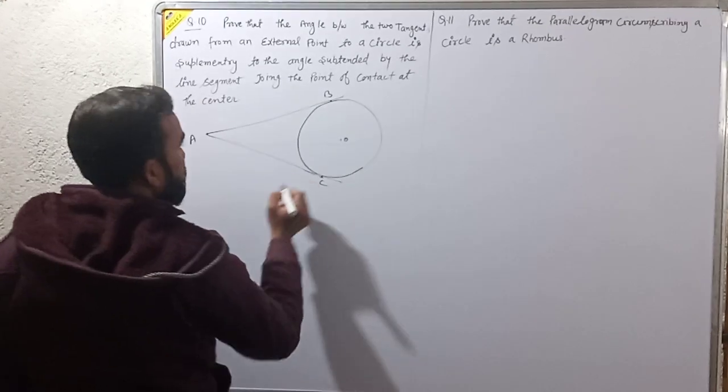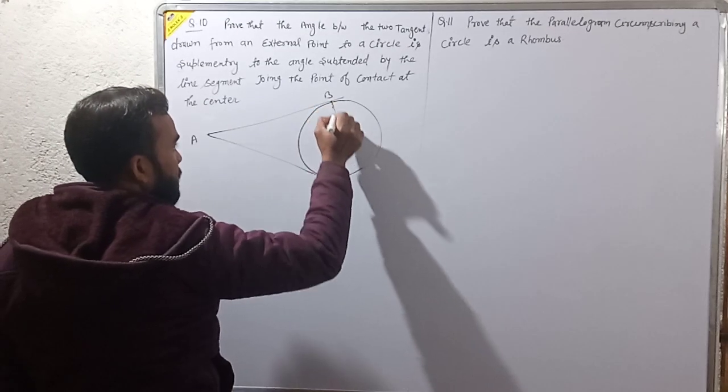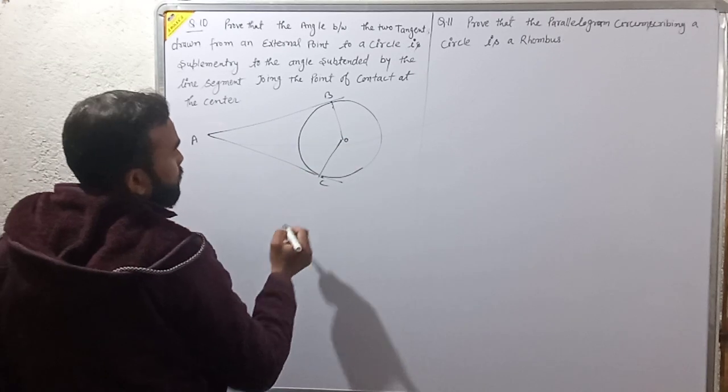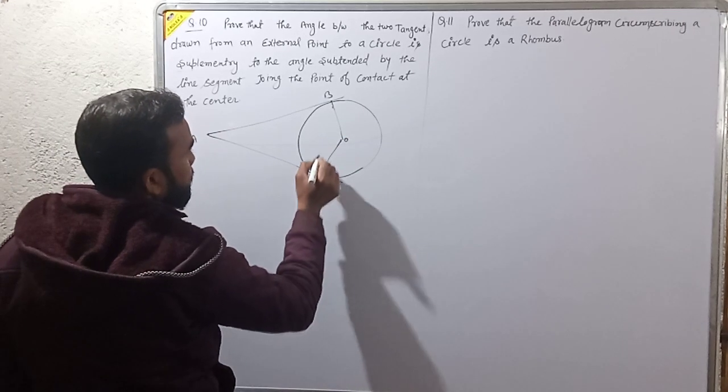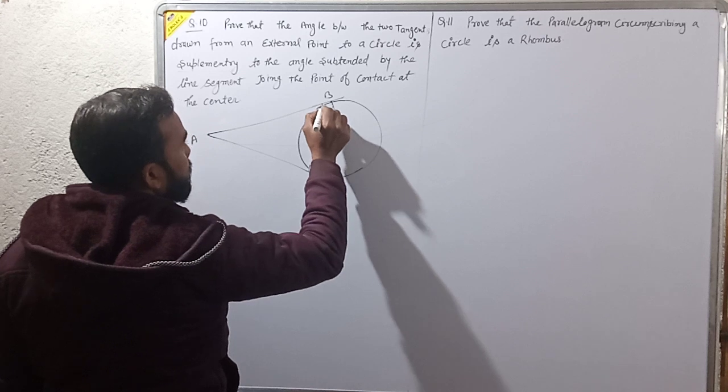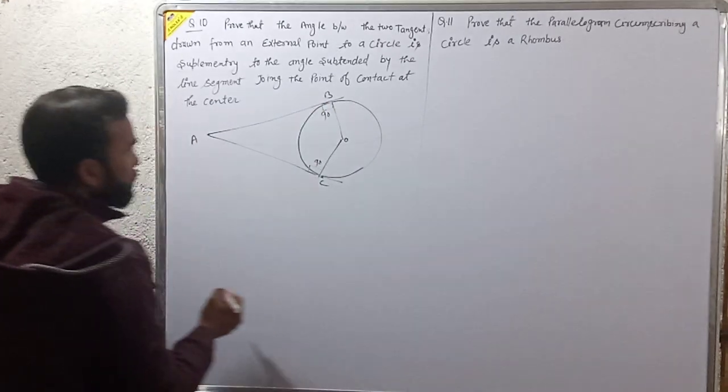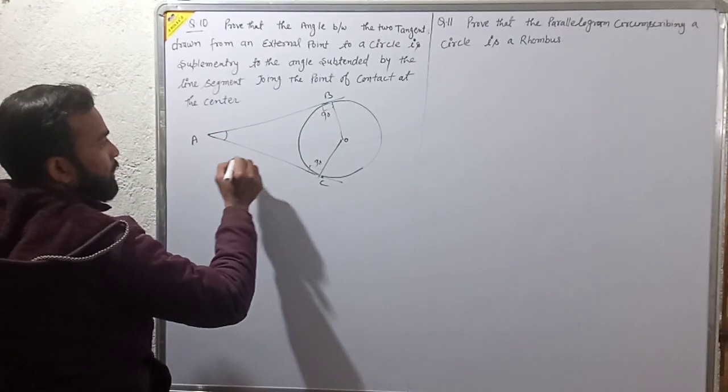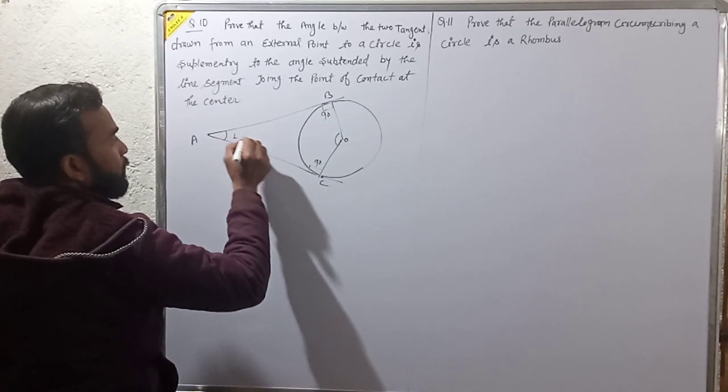Clear? And this is the radius of the circle. So this will be 90 degrees and this will also be equal to 90 degrees. We have to find this and this, angle 1 and angle 2.